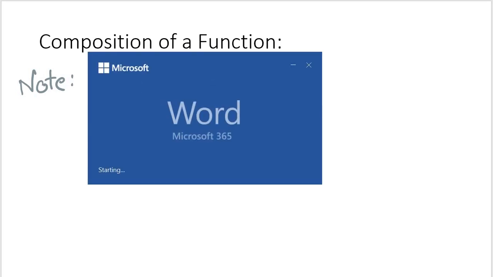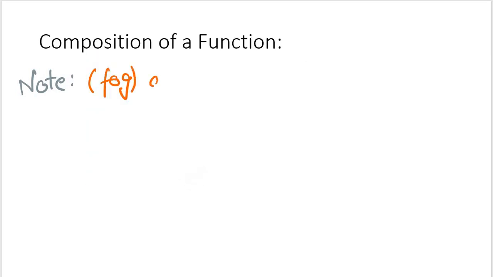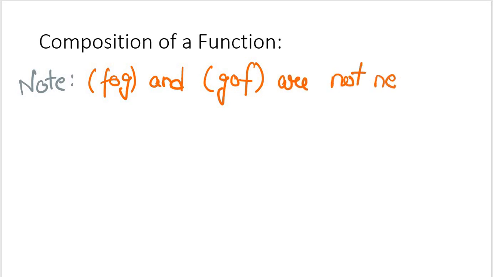Now one thing to note here is that your f o g and g o f are not necessarily equal.